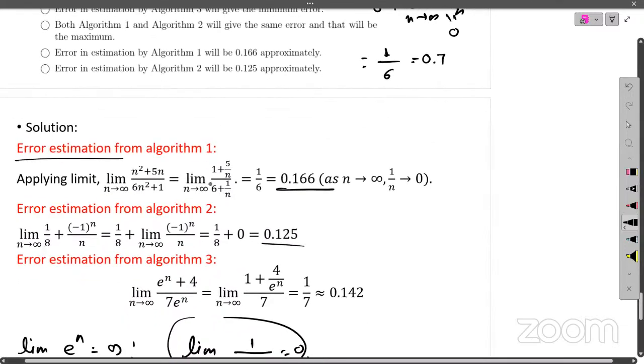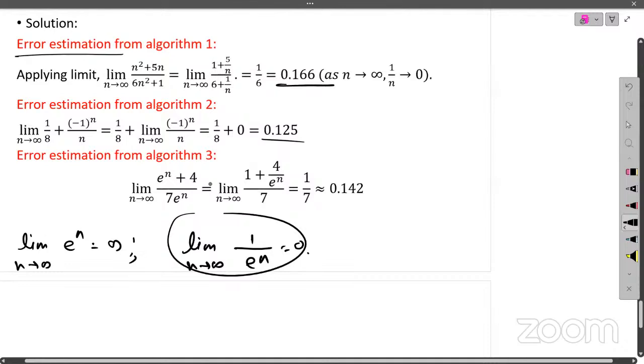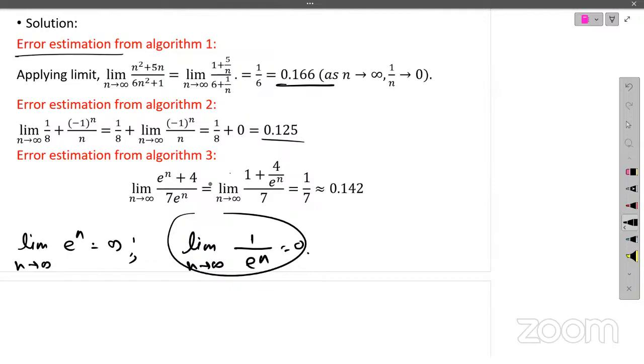Here we pulled out n square, so the same thing we do for e. Here we pull out e to the power n. So if you take common e to the power n from numerator and denominator, what will it be? It will be e to the power n times (1 plus 4 by e to the power n), and then in the denominator, 7 by e to the power n. So e to the power n will get cancelled out.